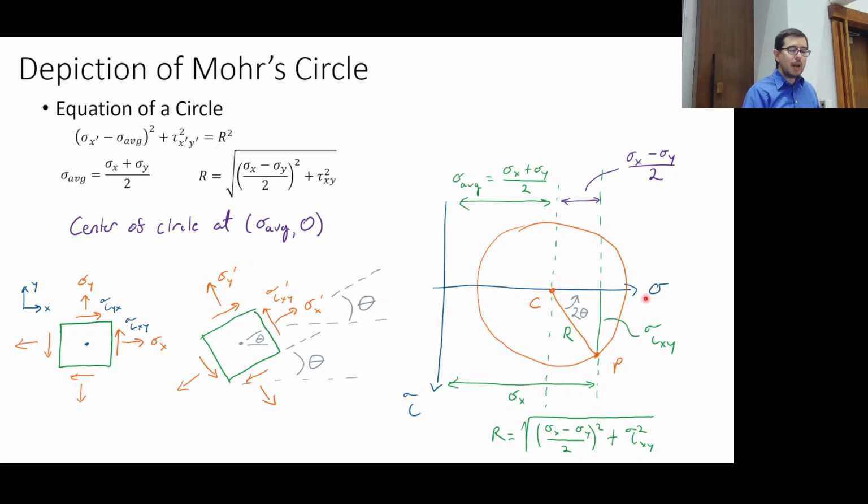But here, this horizontal axis is what we call sigma, and that's related to sigma x prime. The y-axis is related to the tau, and we'll go into this in more detail.